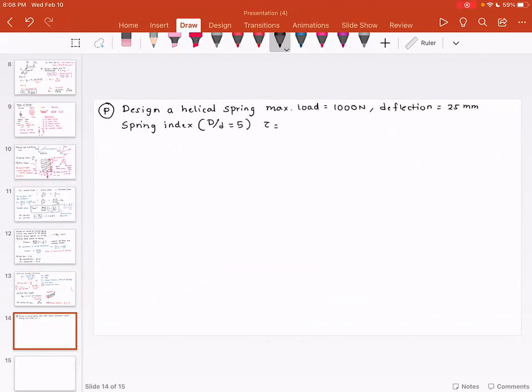Tau is 420 Newton per millimeter square. And please note, this is spring steel, that's why the value of tau is quite high. Modulus of rigidity, which is G, is 84 times 10 to the power 3 Newton per millimeter square. And he's saying consider curvature effects.